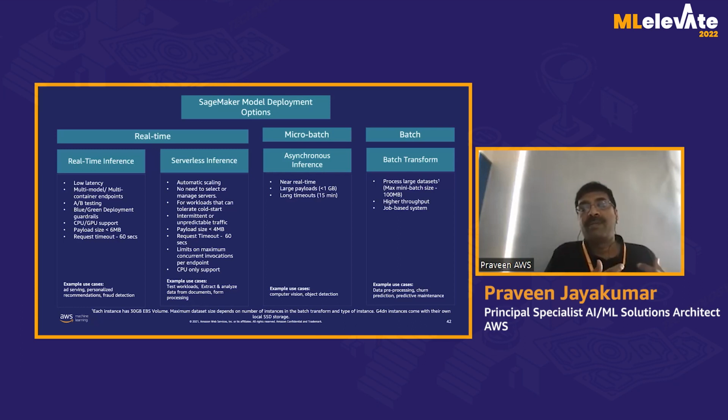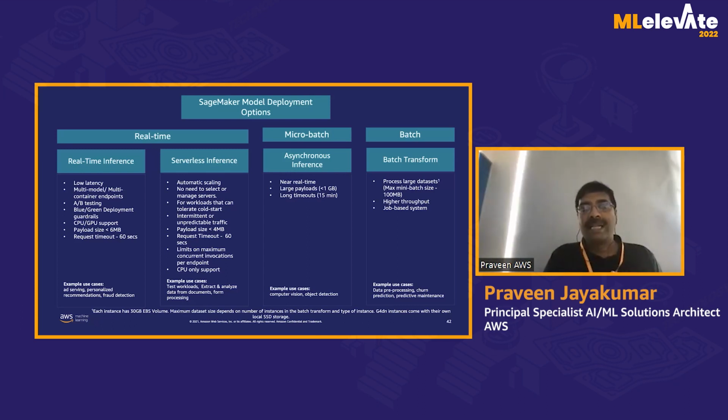So if you have a problem statement where you want to have a GPU, serverless inference cannot be used. But if you have a model where you're okay with the cold start, serverless inference could be a good option, and it provides you a lot of benefits in terms of the ROI actually, right?